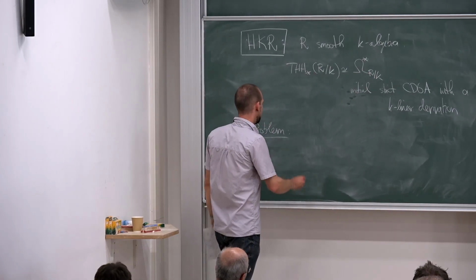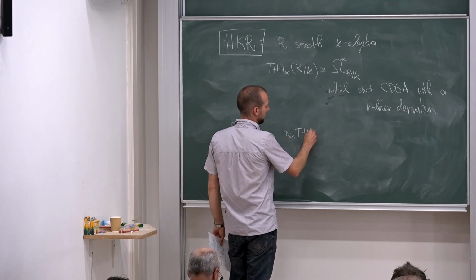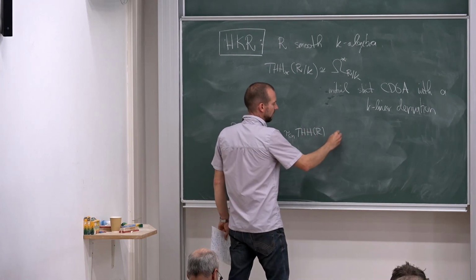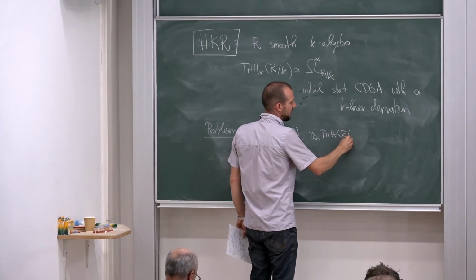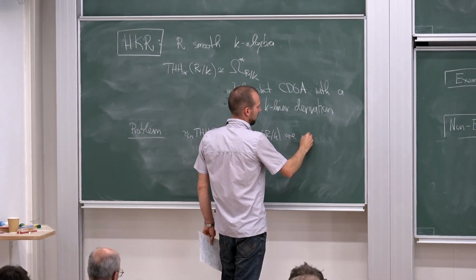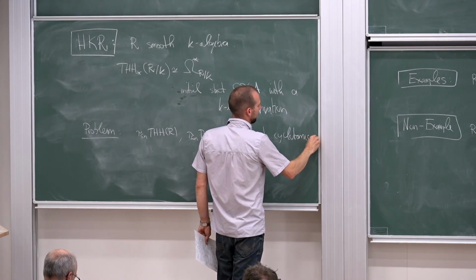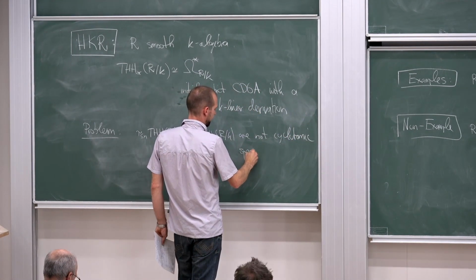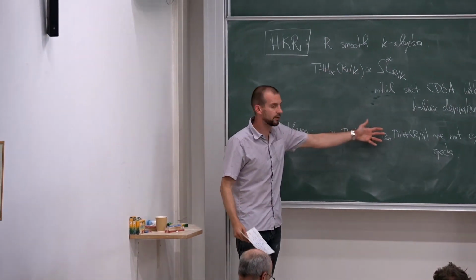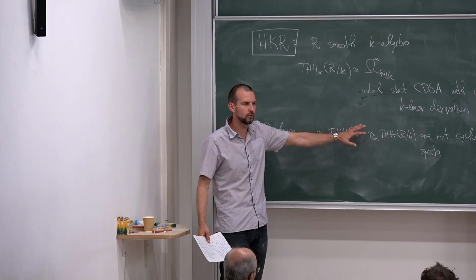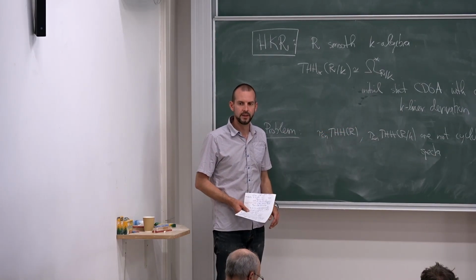Let me say it like this: tau less or equal n of THHR or tau less or equal n THHR relative K are not cyclotomic spectra. So as a result, if I just know these homotopy groups or these filtrations, I can't really expect to learn something about the cyclotomic structure and be able to compute TC.